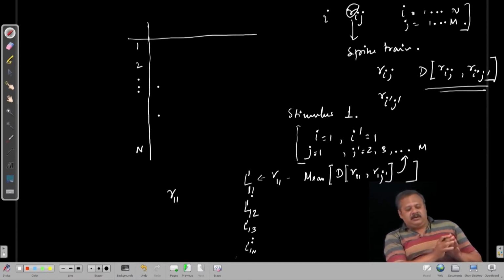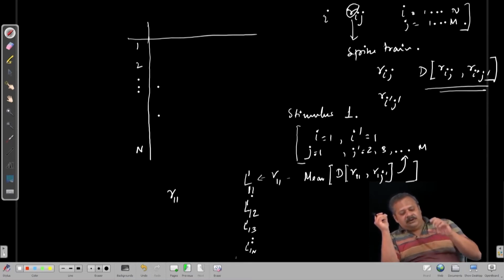It is as if, because I do not know what stimulus produced the spike trains, a postsynaptic neuron is somehow using this measured d of spike train distances, or spike train metric.